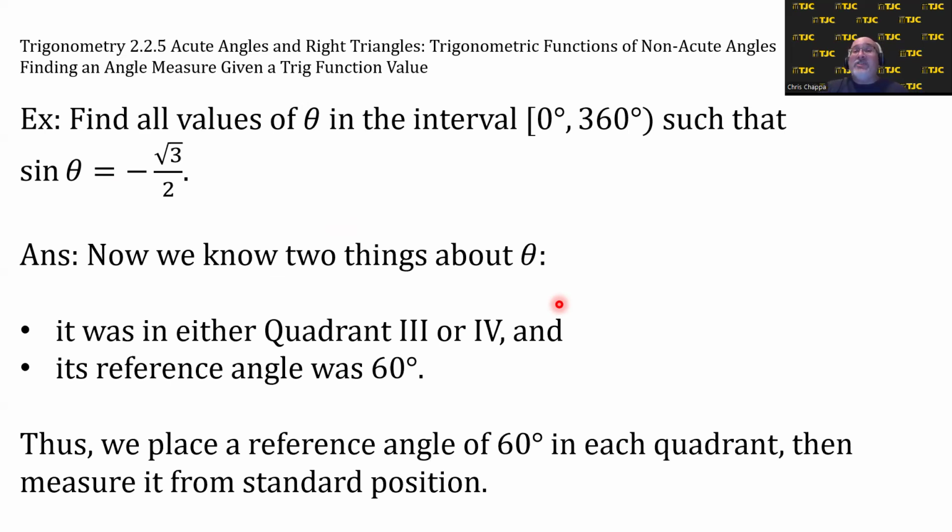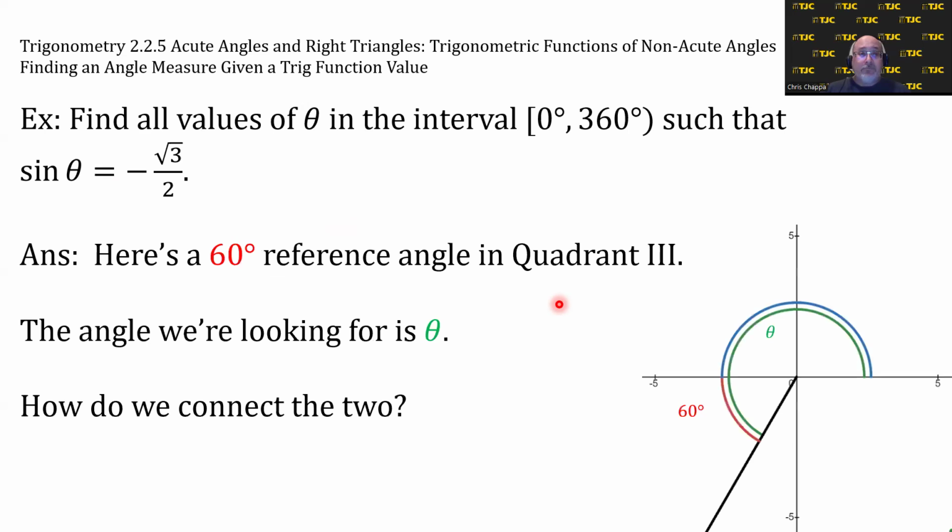Thus, we place a reference angle of 60 degrees in each quadrant, then measure it from standard position, back from the positive x-axis. For example, here's a 60-degree reference angle in quadrant 3. Notice it's measured from the x-axis. But the angle we're looking for is theta from standard position, the one in green. How do we connect the two?